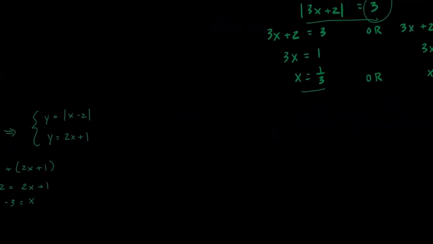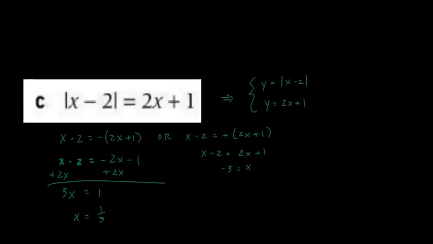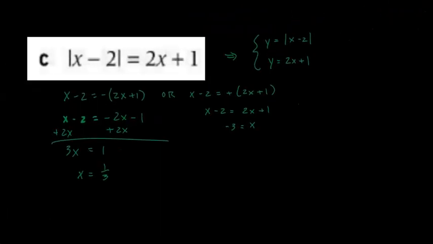Okay, but when you're solving something like this, you're assuming that it's going to have two intersections. But it's not always, okay?